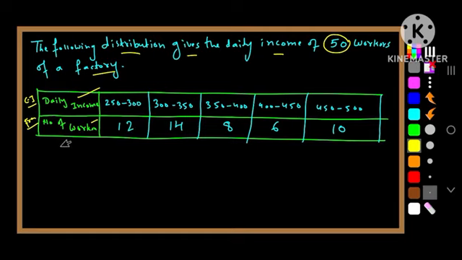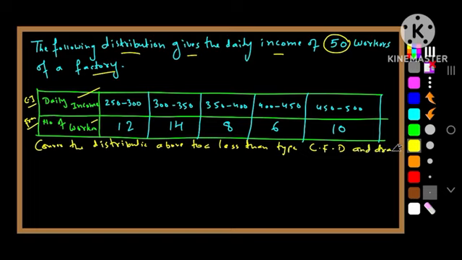By this data, he is telling us to convert the distribution above to a less than type cumulative frequency distribution and draw the OG.